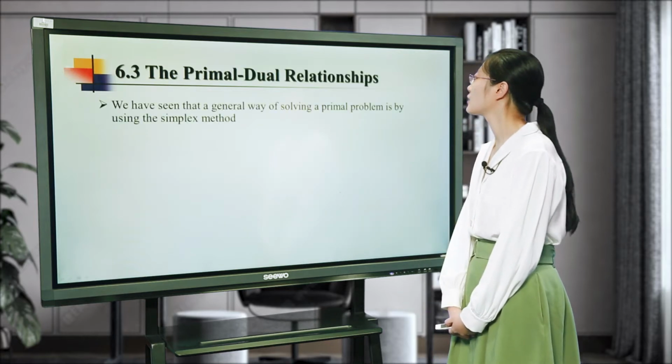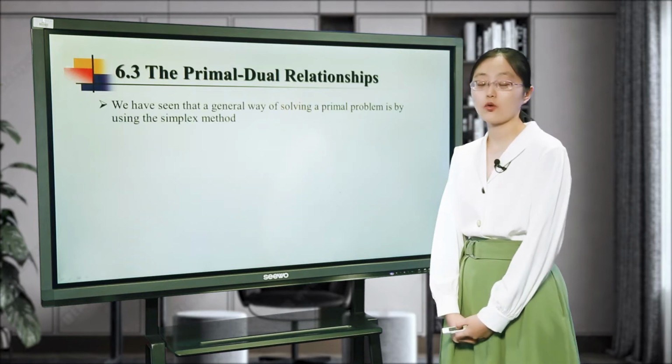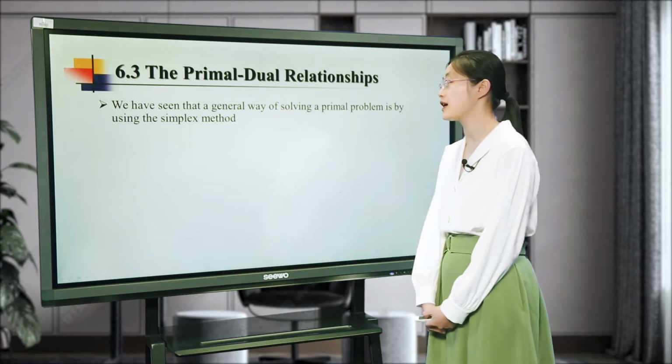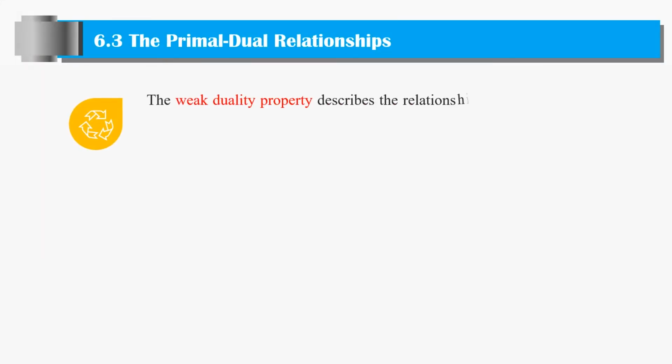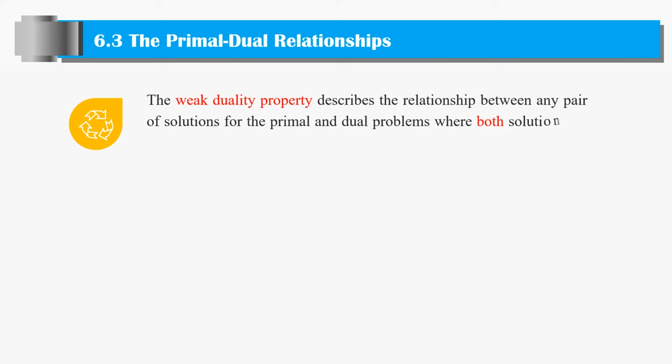In general, we can use the simplex method to solve primal problems. The weak duality property describes the relationship between any pair of solutions for the primal and dual problems, where both solutions are feasible for their respective problems.